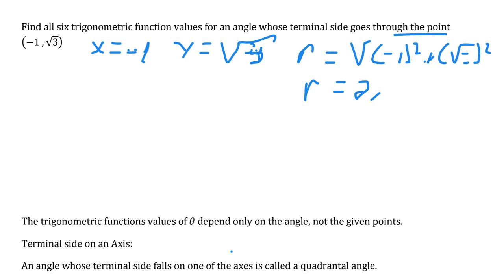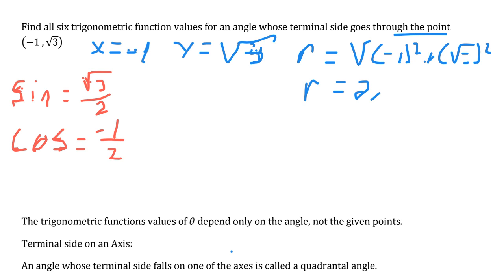Let's go find sine. Sine of our angle is y over r, square root of 3 over 2. Cosine of our angle equals x over r, -1 over 2.